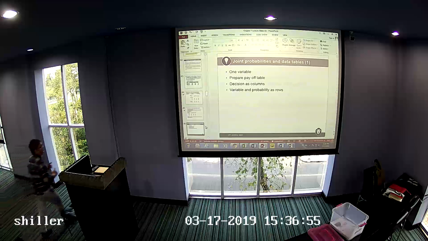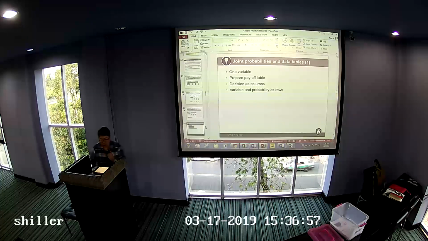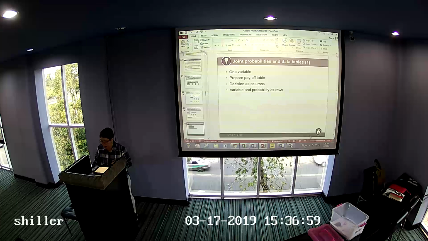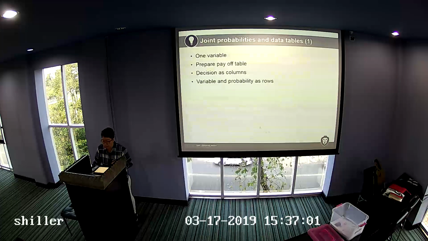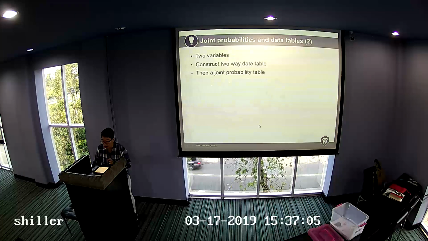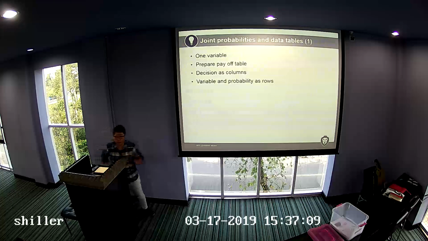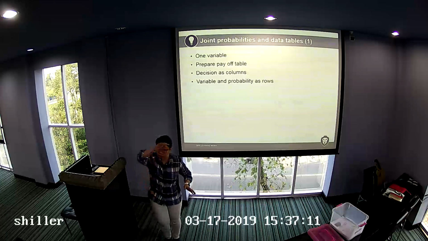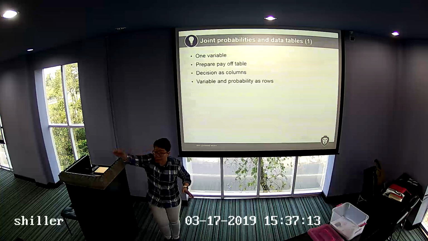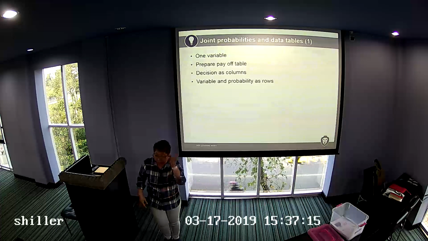However, let's take a look. When we have more than one variable or one probability, it's easy. That's what we saw earlier. When we had one variable, you had situation, you had choices, and you had one probability, correct?